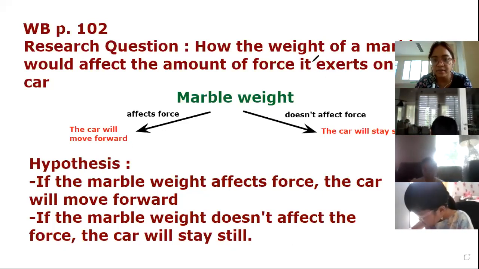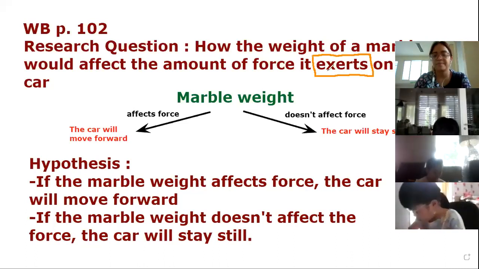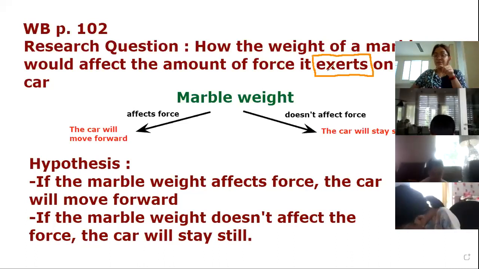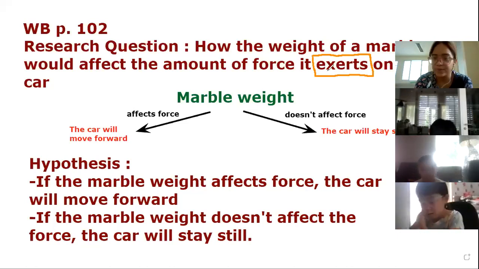If the toy car's weight is as much as the marble's weight, when the marble hits the toy car, it still moves. Good question. Later I will explain, okay? But let's copy this one first, yeah? Good answer, good thinking, Kaylin. So, let's wait until everyone finishes so everyone can pay attention.